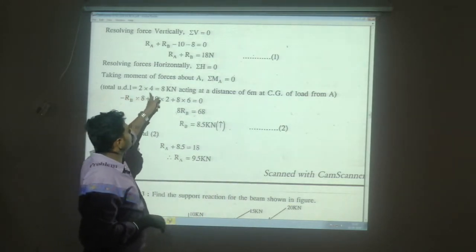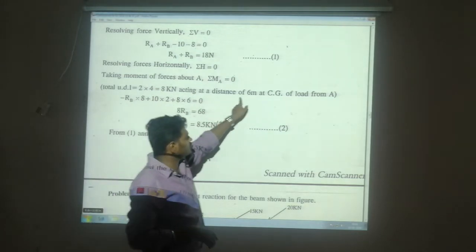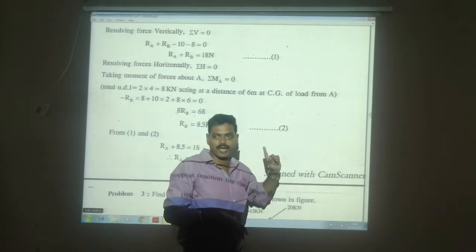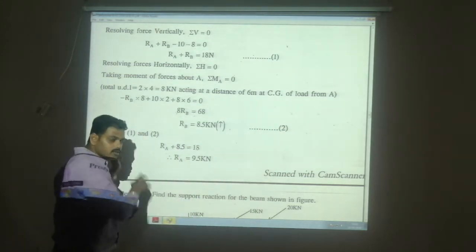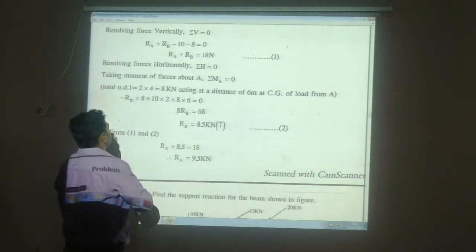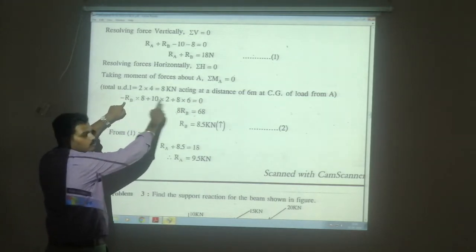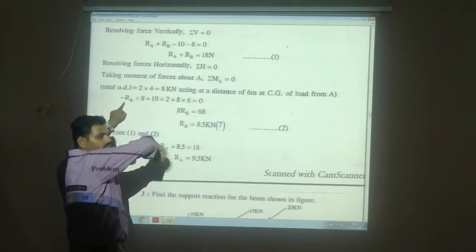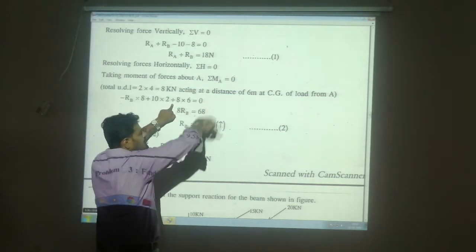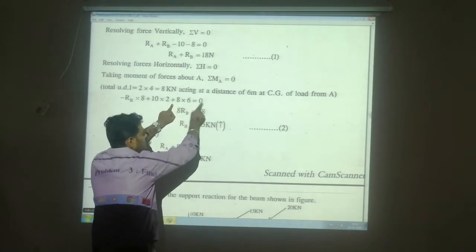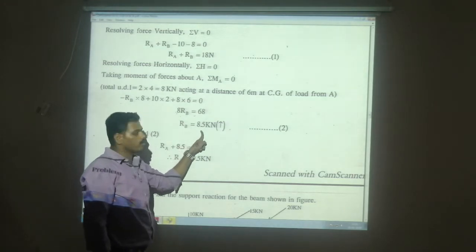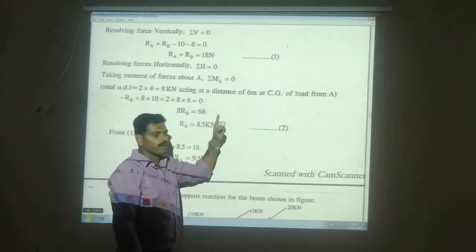The total UDL load, 2 into 4, is 8 kilonewton, acting at the CG of the load, a distance of 6 meter from point A. So minus RB into 8, minus because it is anticlockwise, plus 10 into 2, clockwise about point A, plus 8 into 6, also clockwise, is equal to 0. Then 8 RB is equal to 68 kilonewton, so RB is equal to 8.5 kilonewton. It is positive because it is going up.